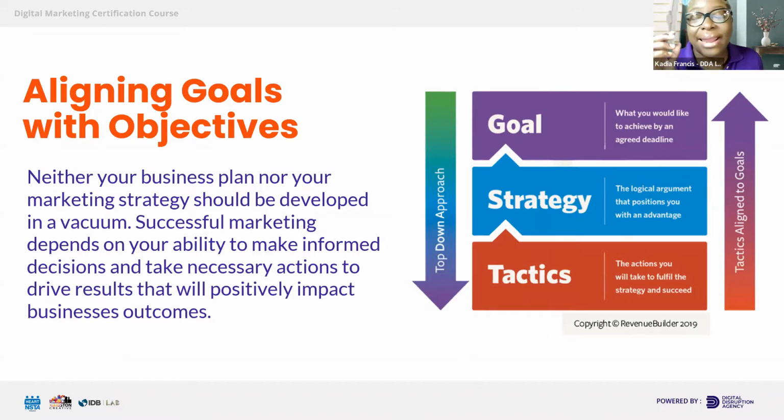Your plan is not random either. Your plan is based on data that you would have collected, your knowledge of the digital space, and experience that you've had in the digital space. So none of it should be random. You should be able to justify why you decided that Instagram was going to be your main social media platform for the first quarter.